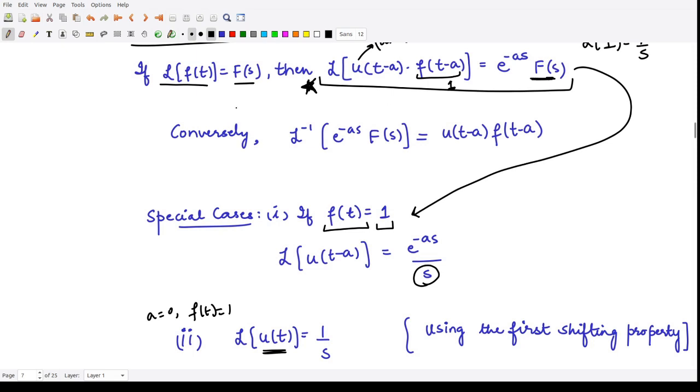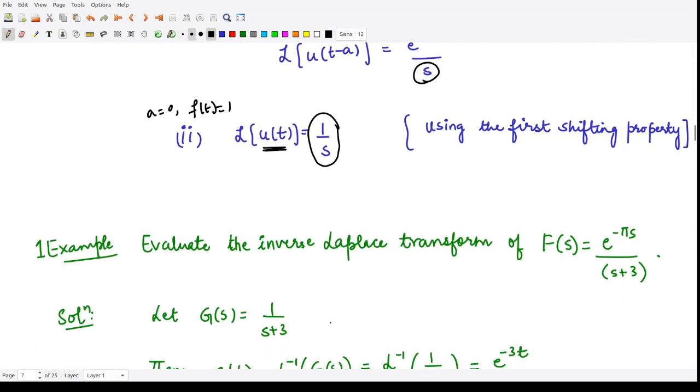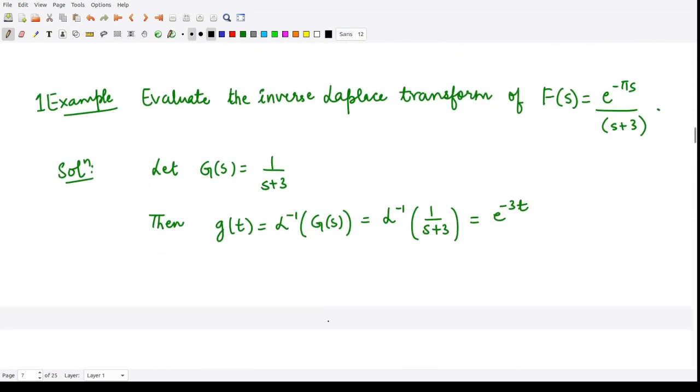That is the Laplace transform of f of t, and f of t is given to be 1. So the Laplace transform of 1 is equal to 1 upon s. So its answer is 1 by s. These are certain results that we already know. So according to this, let us see some questions.